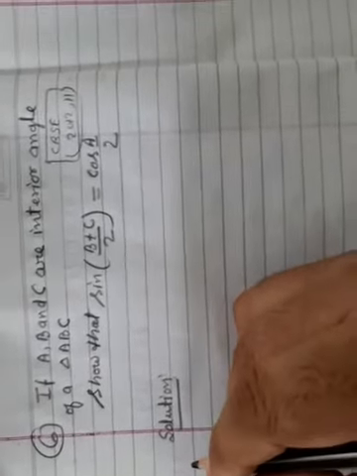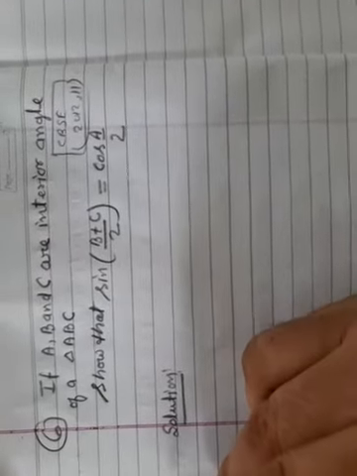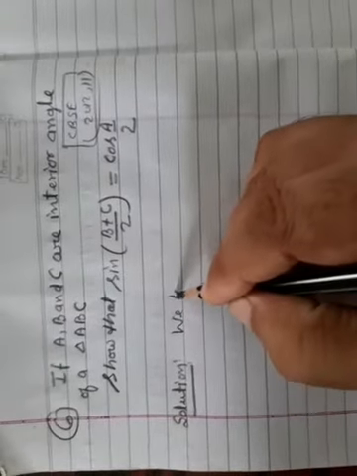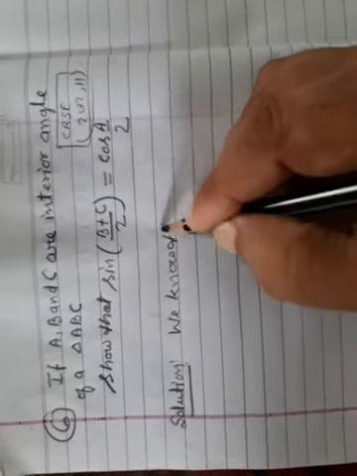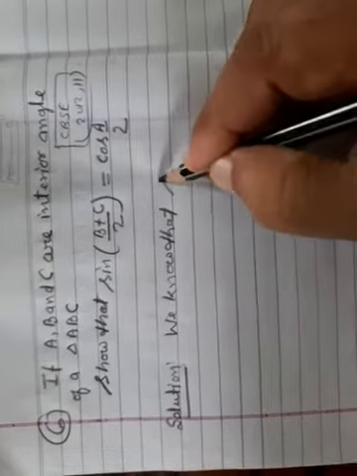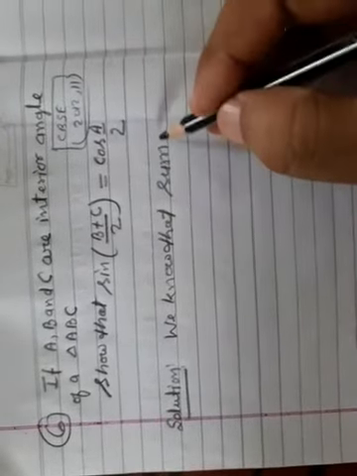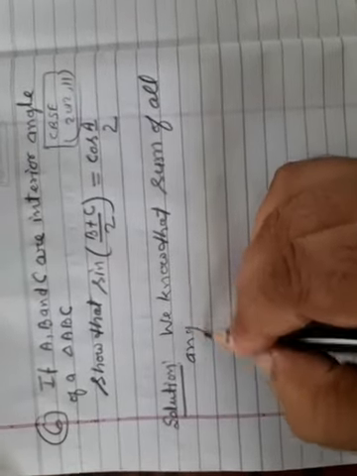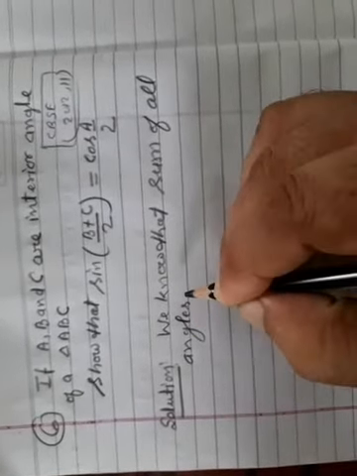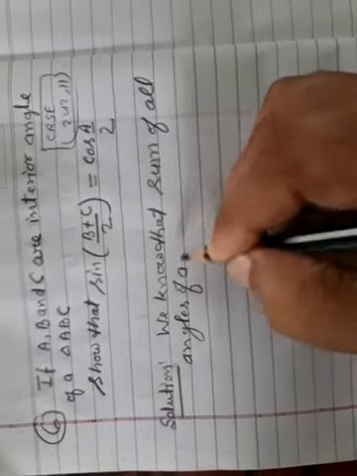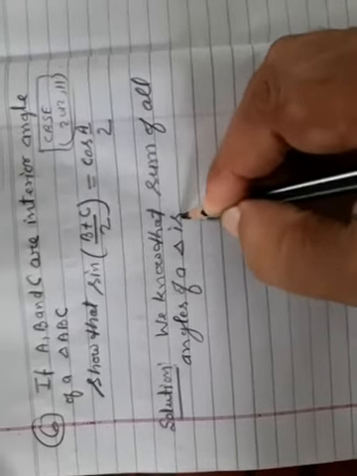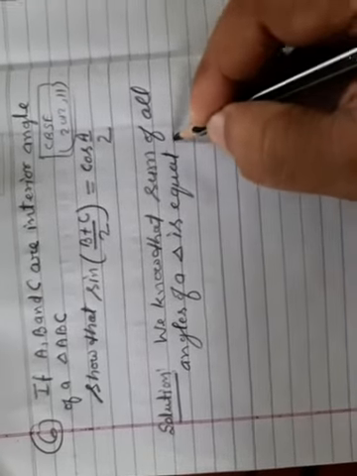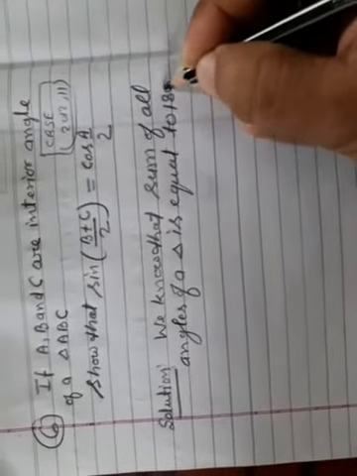Clear? We know that the sum of all angles of a triangle is equal to 180 degree.